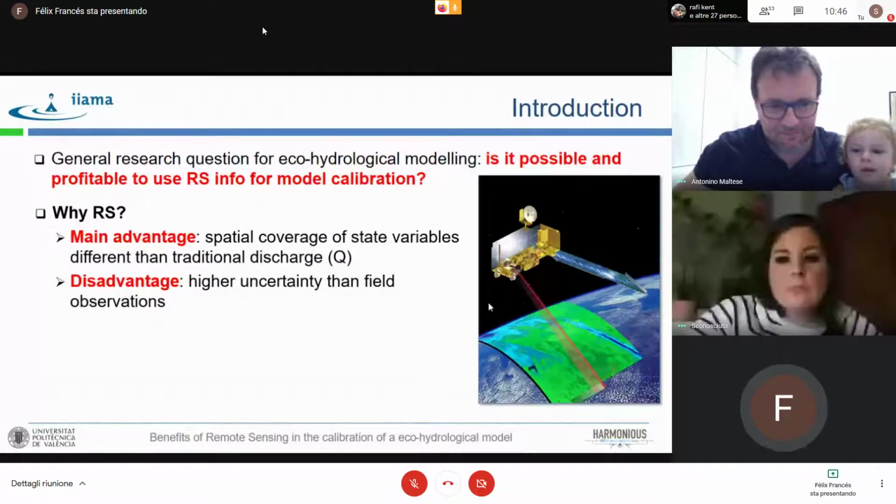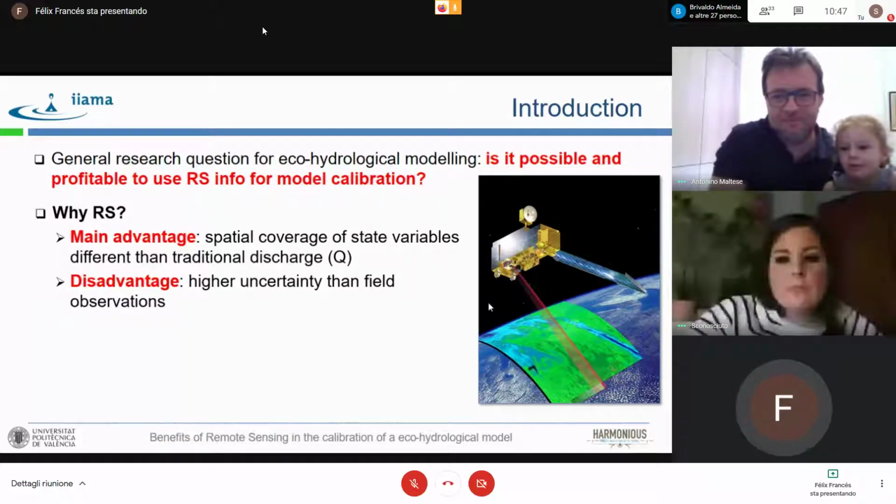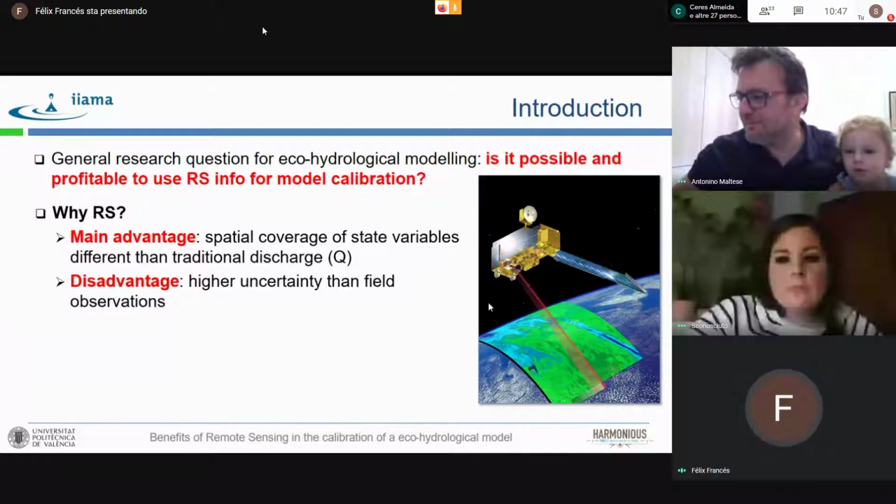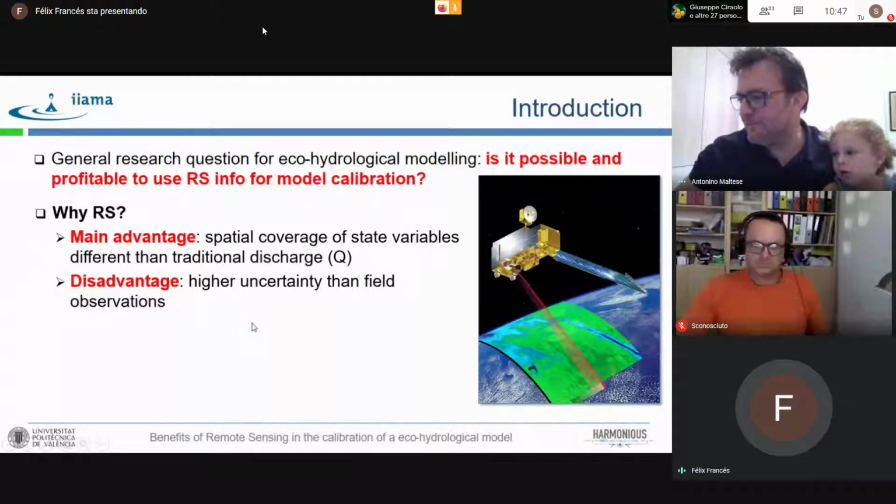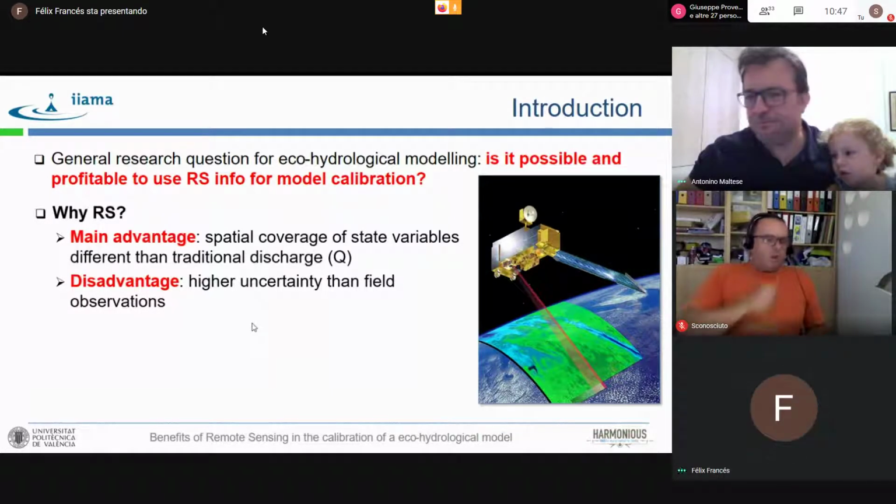Because the main advantage is that it gives us a spatial coverage of state variables, different from the traditional discharge, Q, which is only an aggregation of the hydrological processes at some point in the catchment. Remote sensing can give you the spatial variability of some of the hydrological or eco-hydrological processes. The only disadvantage is that in theory we have higher uncertainty than field observations.